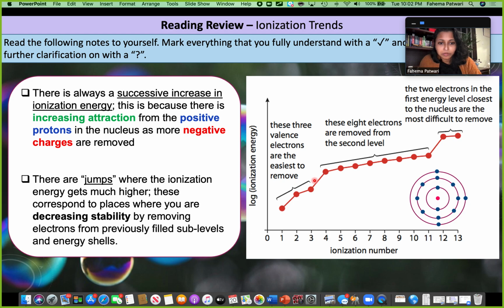When you see jumps, that is because you are now trying to remove electrons from a full shell, right? A shell is considered full if it has 8 electrons. So the second energy level, after you remove these first 3, the second energy level is considered full. To remove anything will be decreasing the stability, which doesn't happen unless you provide an extra amount of energy.